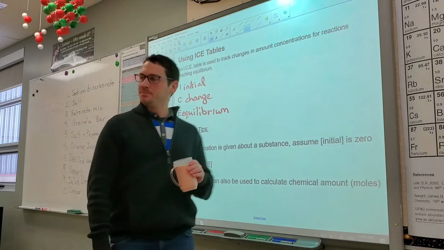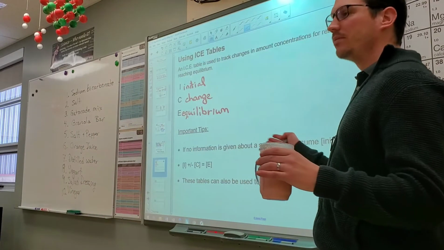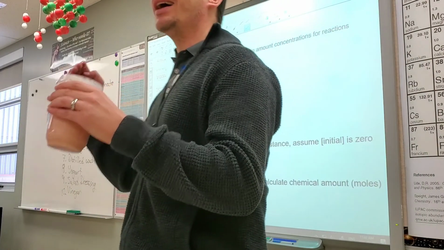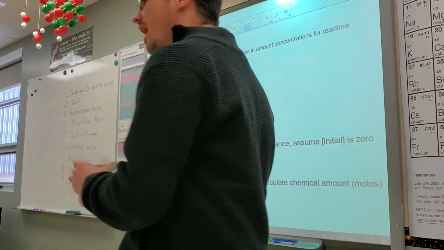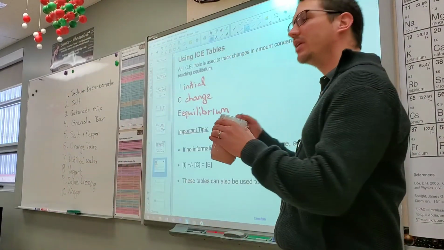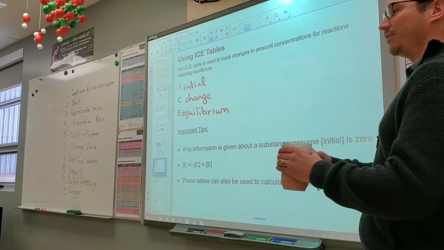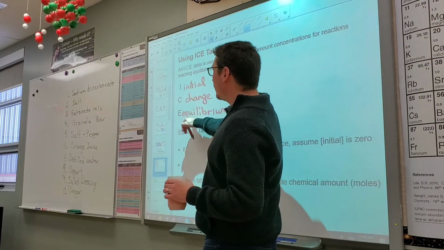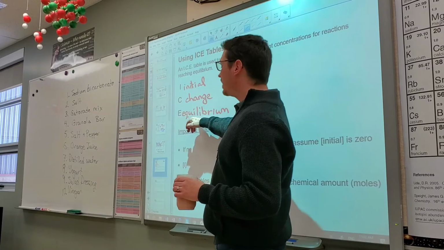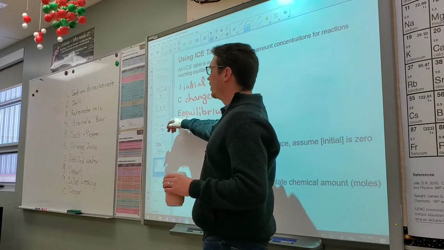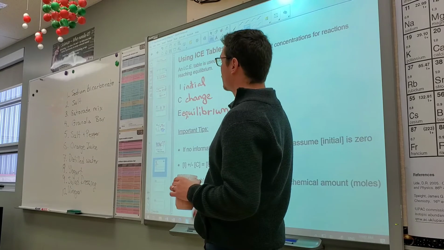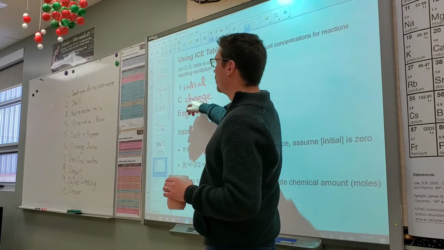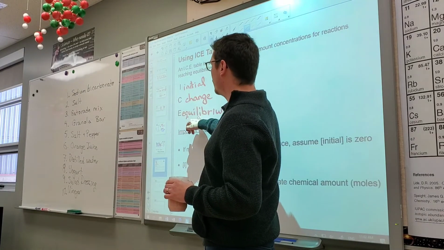It's going to be a table, and we're going to be accountants, and we're going to have to keep track of the change, either the gain or the loss of my reactants and my products. We're really going to focus on how we can get an equilibrium, and the way we're going to do that is we're going to use the initial plus or minus the change to give you the equilibrium.